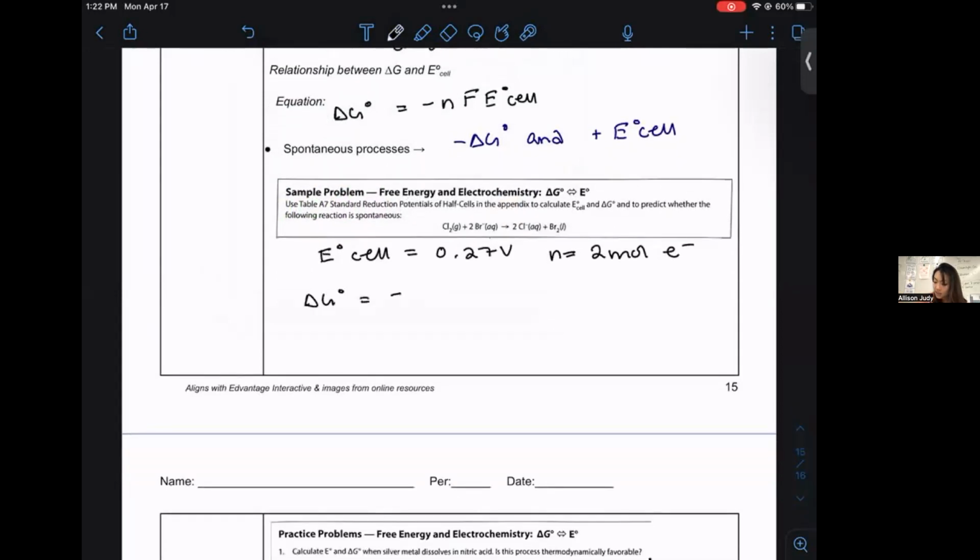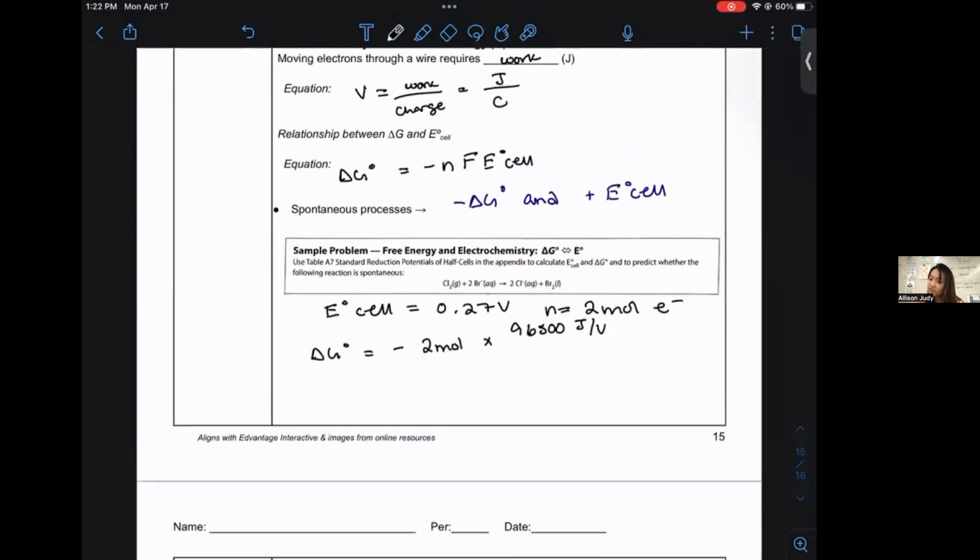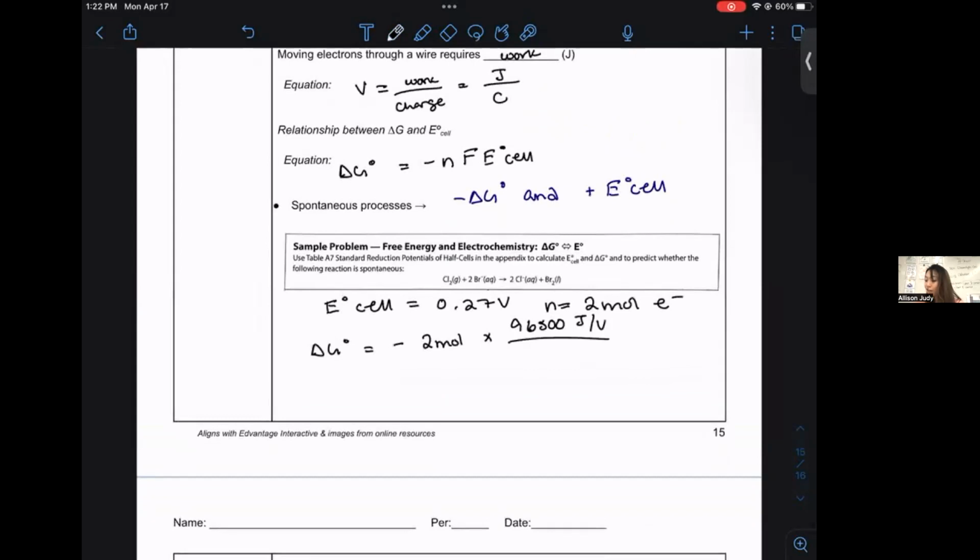The Gibbs free energy, or thermodynamic favorability, is negative 2 moles times 96,500 coulombs per mole, and coulombs is joules per volt if you rearrange. Technically Faraday's constant is in coulombs per mole, but we're trying to get the units to cancel.